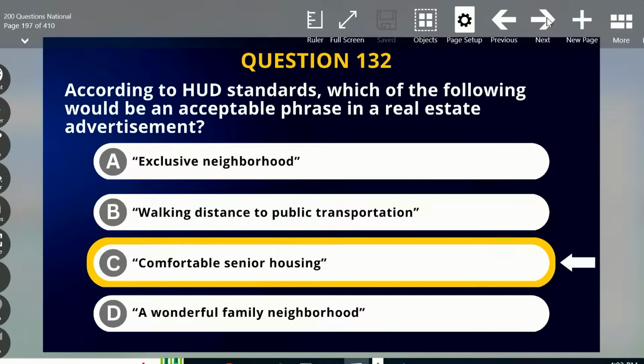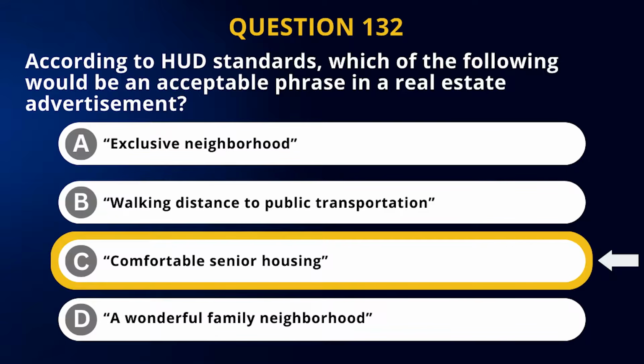However, the other phrases, exclusive neighborhood, walking distance to public transportation, and wonderful family neighborhood, are in violation of familial status, of disability, and of protected class status. So we want to know that these three, A, B, and D, are not acceptable in advertisements. It would be acceptable to say comfortable senior housing.